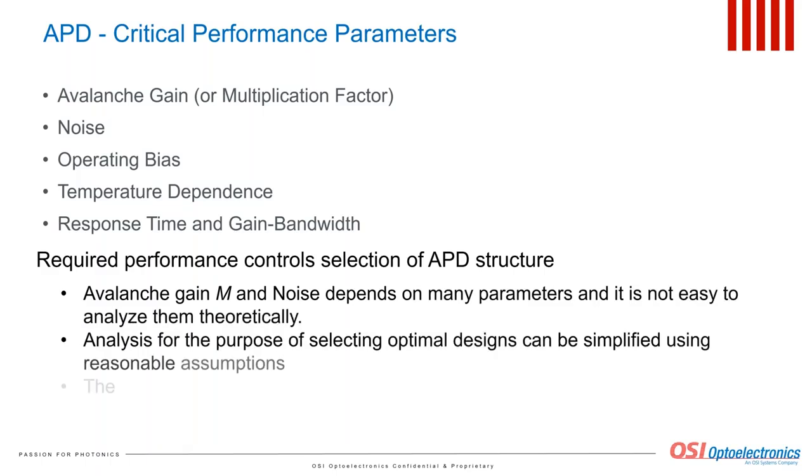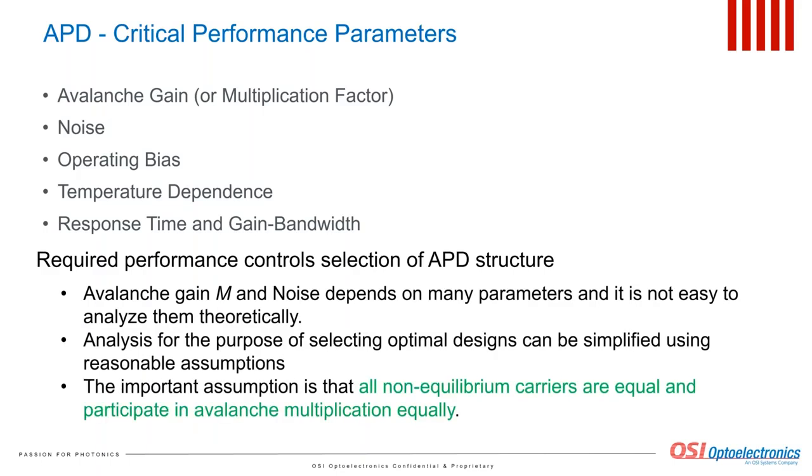For any APD structure, the avalanche gain and noise depend on many parameters, and it is not easy to analyze them theoretically. However, using reasonable assumptions, the analysis can be simplified significantly, and one of the important assumptions is that all non-equilibrium carriers are equal and participate in avalanche multiplication equally.